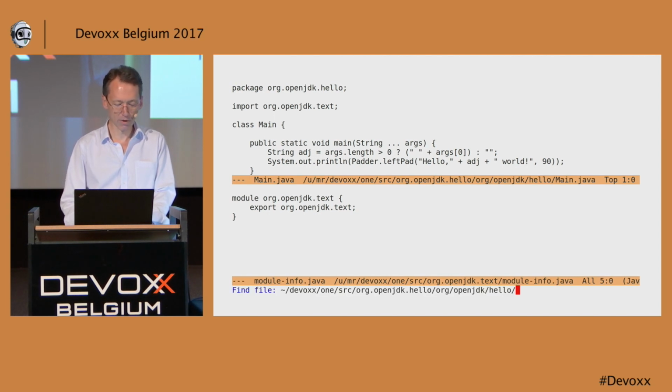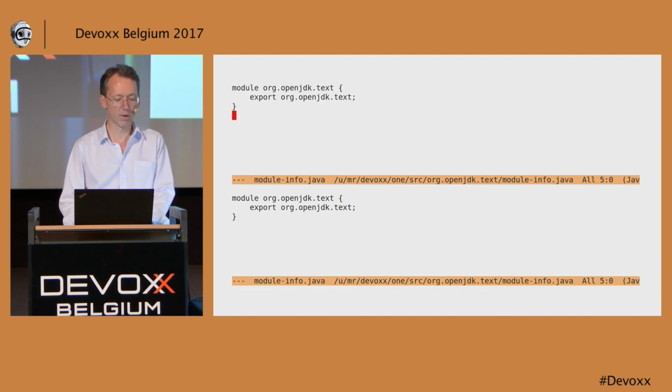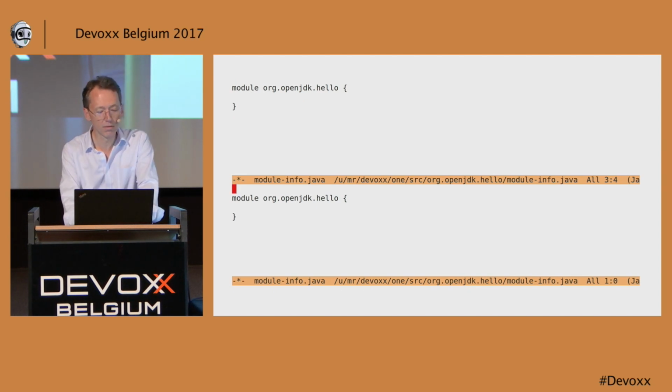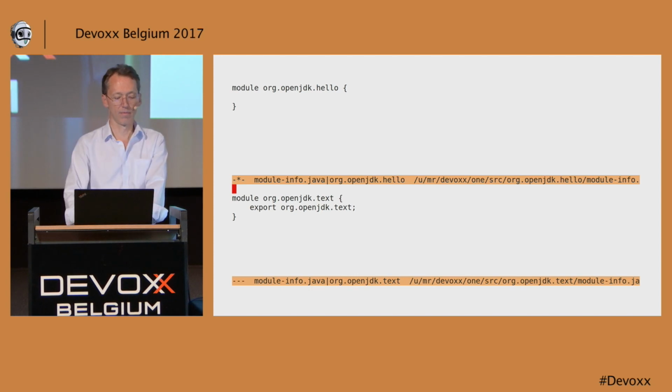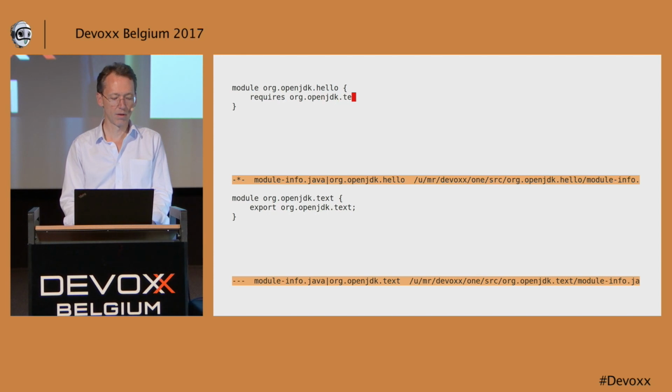And then correspondingly, over in the org OpenJDK hello module, we need to change its module info. Sorry, I'm getting these all mixed up, aren't I? Okay. Text module on the bottom, hello module on the top. This guy needs to require org OpenJDK text.